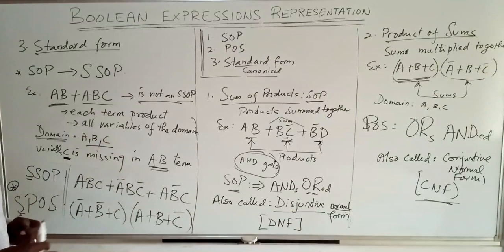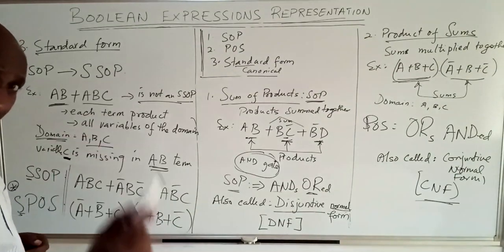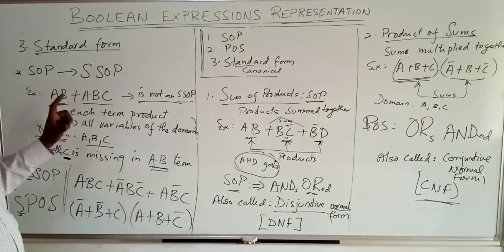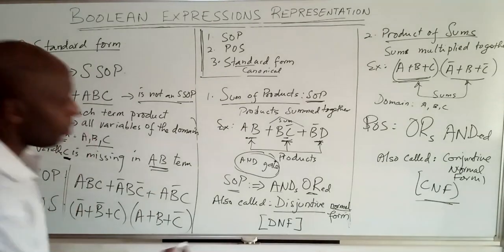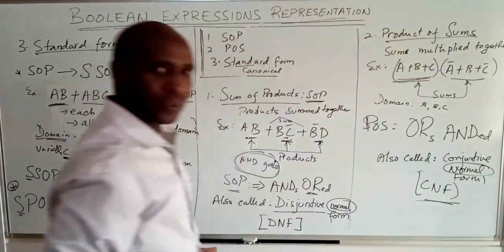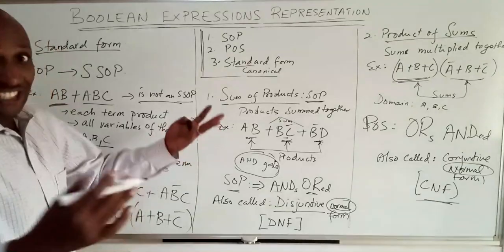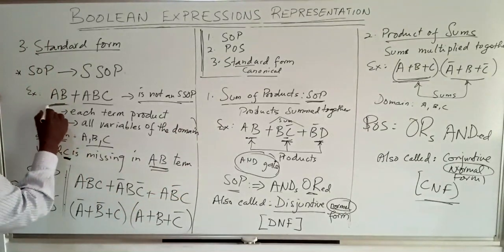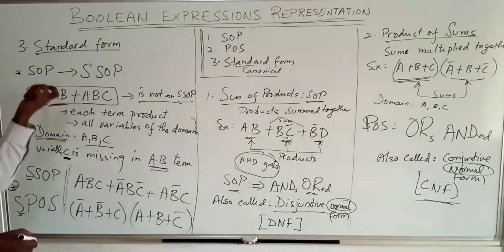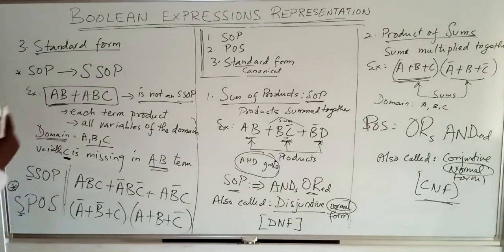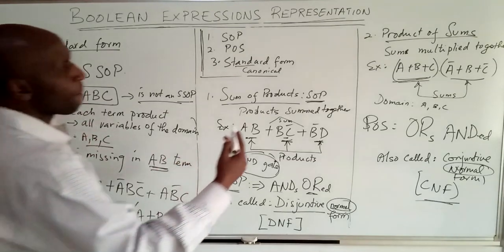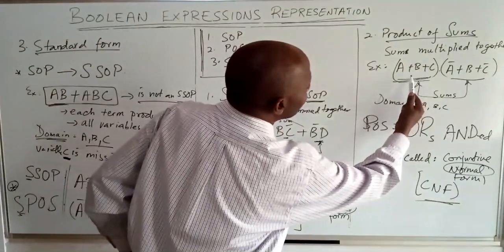So dear friends, in the next coming session, we will see how, if you have a normal form, it cannot be a standard. For example, this one is not standard. Now, if it is not standard, how can you make it standard? Look at this, is this standard?